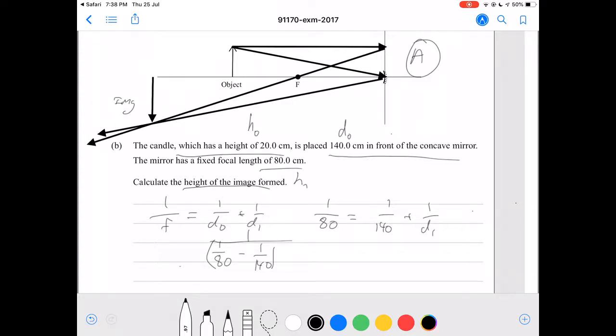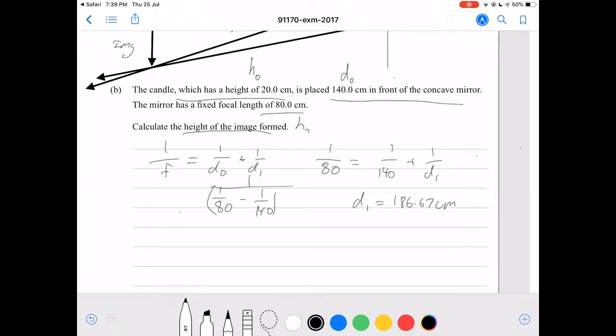If we get our calculator out, we get 1 over 80 minus 1 over 140. That should get us our DI, which should be 186.67 centimeters.